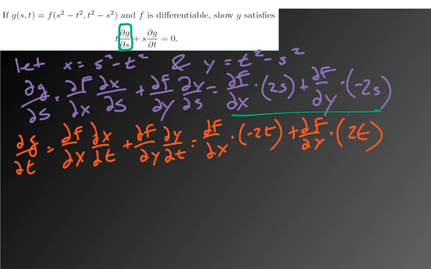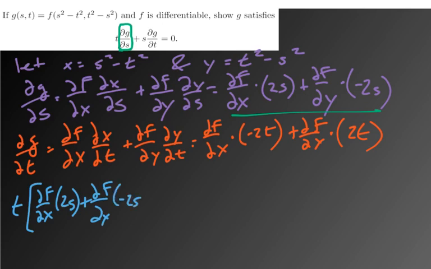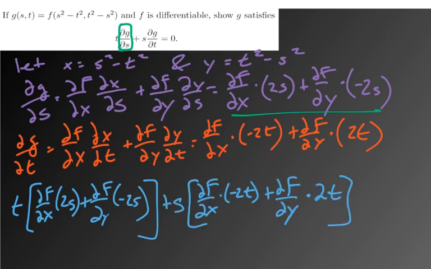So we want to show that t times partial of f with respect to x times 2s plus partial of f with respect to y times minus 2s. So all of that stuff is my partial of g with respect to s. And then I add to that. All right, so that's just plugging everything in.